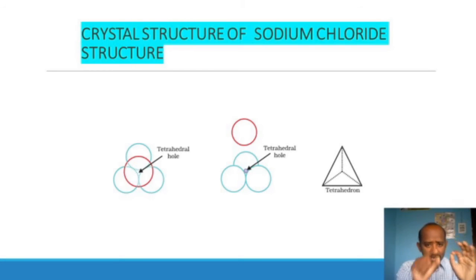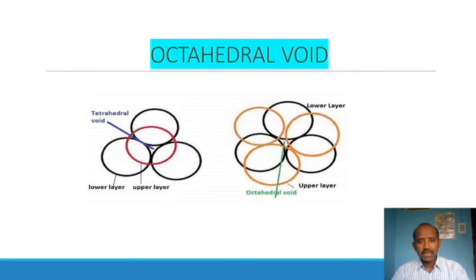In between the three atoms, there is a small hole or a gap or empty space, that is called the tetrahedral void. So this is not for the sodium chloride structure. Now we have to study the octahedral void.